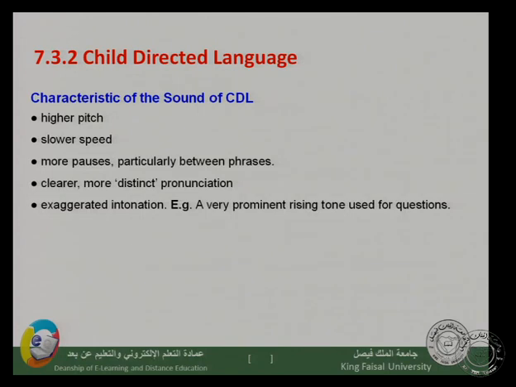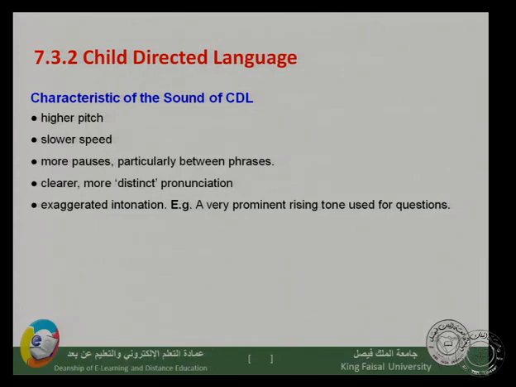We will be speaking very slowly. It will be a slower speed. We will not speak as quickly as we can, because we expect that the child needs a longer time than an adult to process our language. So we speak as slowly as possible when we communicate with little children.